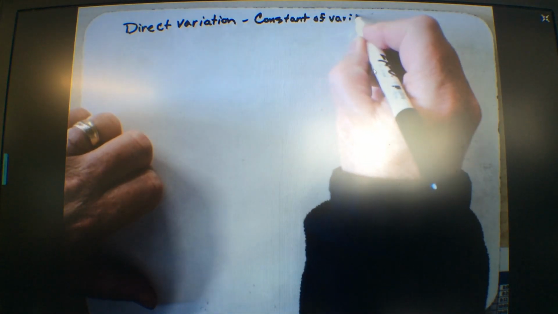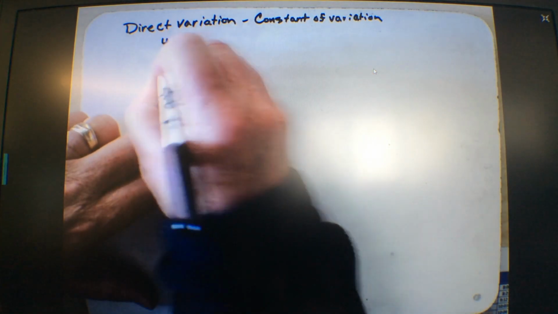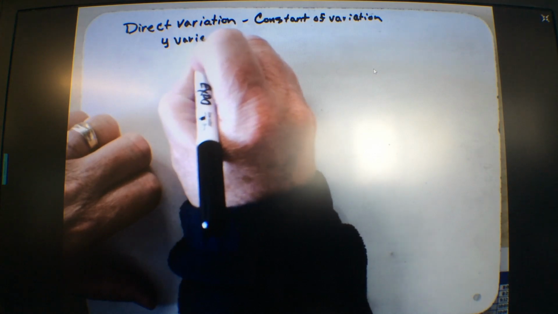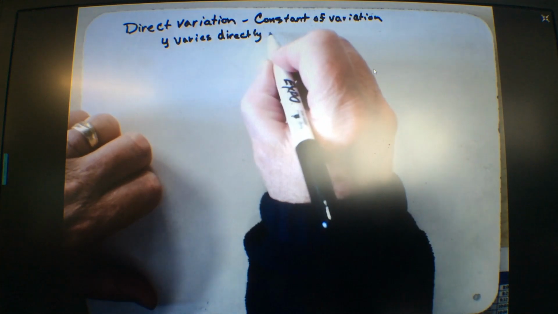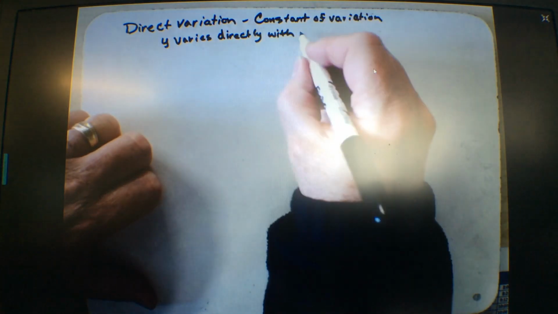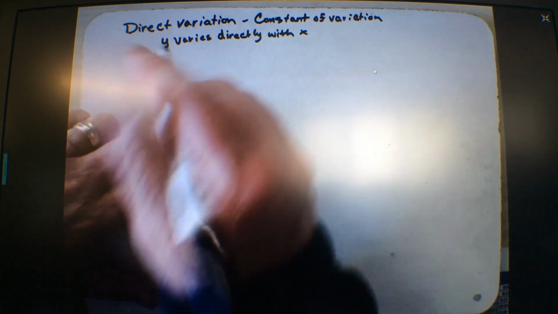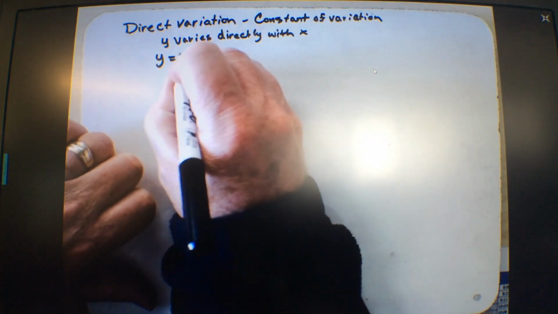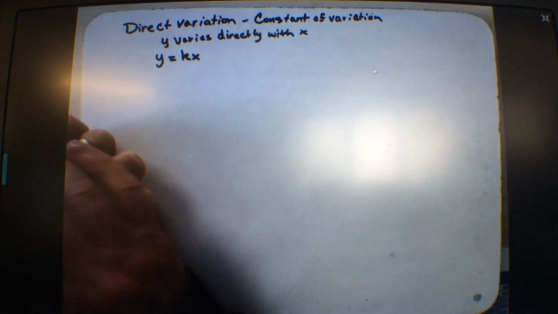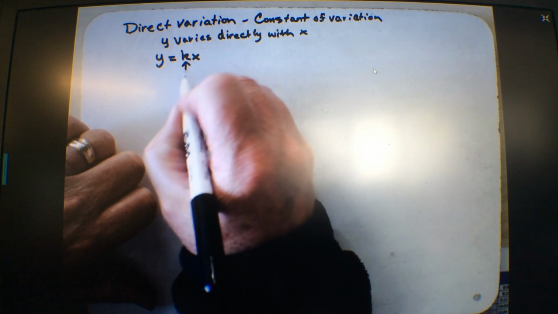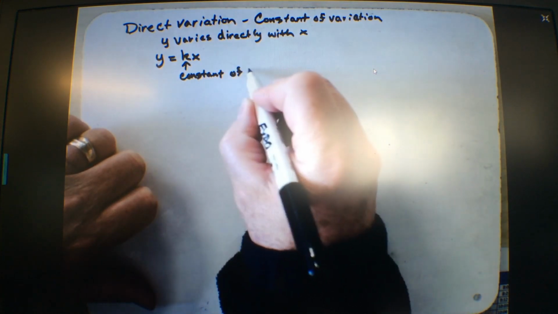All right, so if I say y varies directly with x, some books say as, some say with x, what this means then is that we have an equation that says y equals kx. Okay? And this is called the constant of variation.